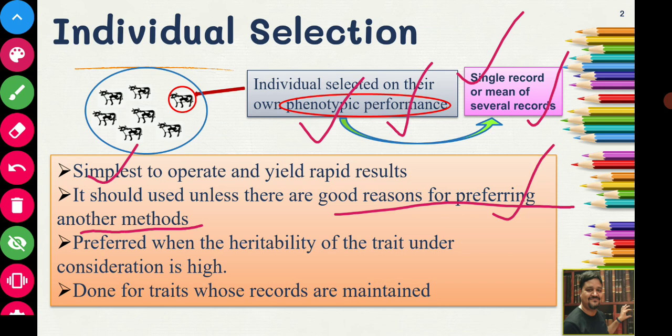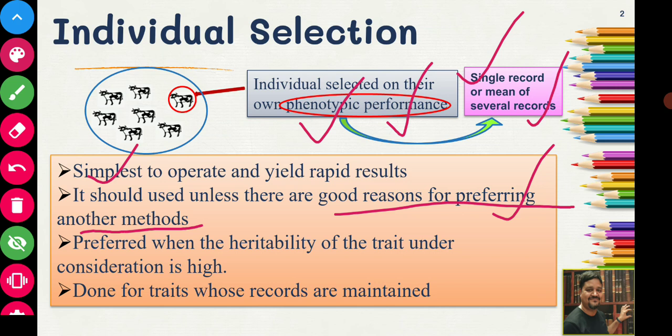That means this is the most preferred method, and if you use another basis of selection, you must have a reason for it.